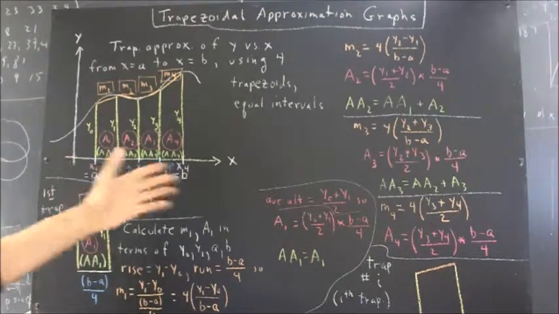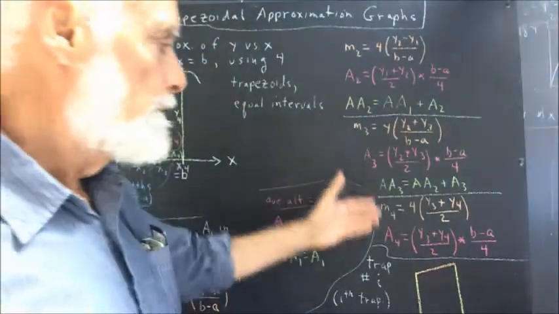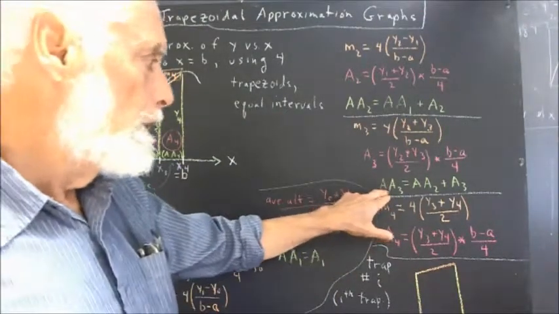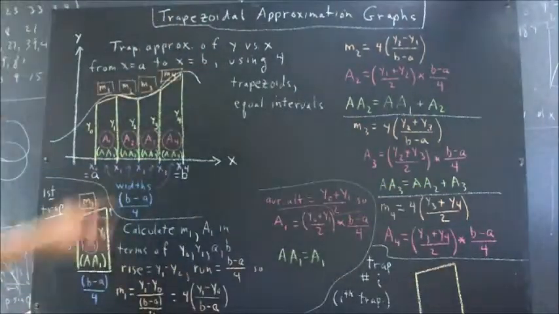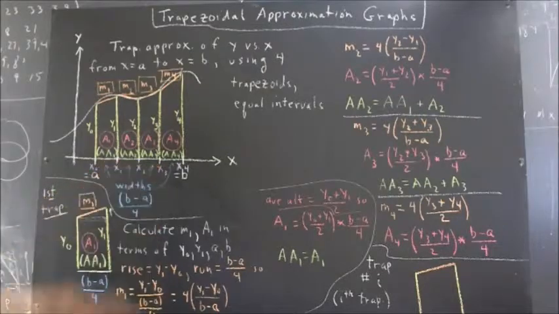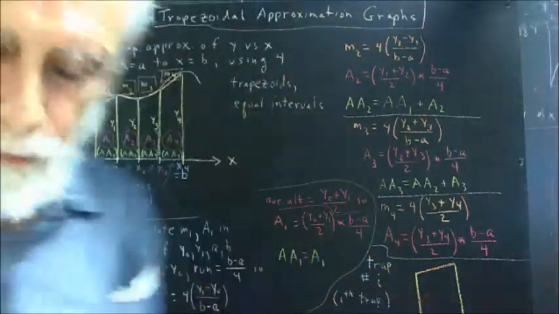Okay, then we go on and do the same thing for the third and fourth trapezoids, and the expressions follow in a very straightforward manner. We'll mention the accumulated area for the third is the accumulated area for the second, which is the area through the first 2 trapezoids, plus the area of the third. And I didn't write it down here, and I should have.